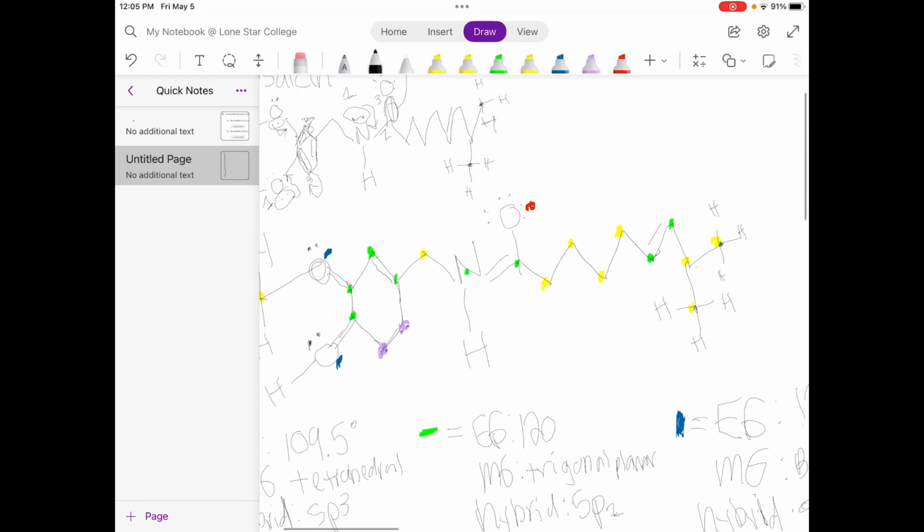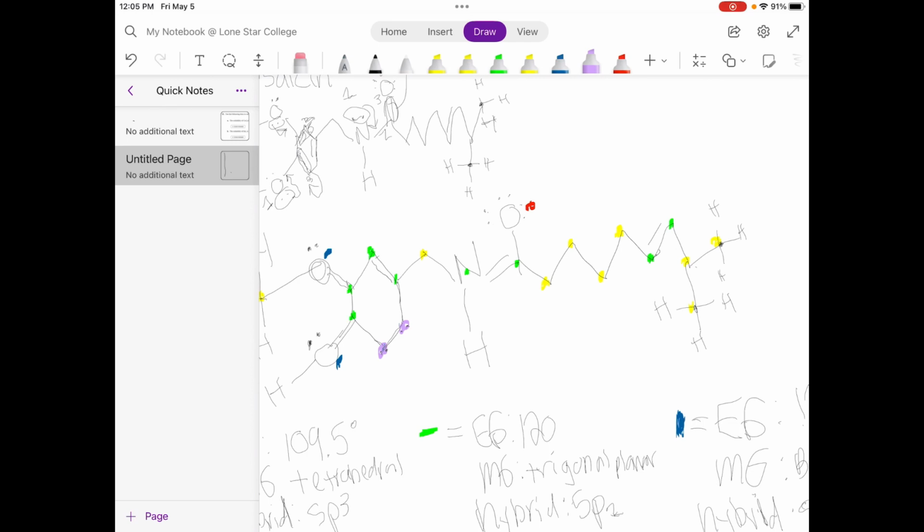Okay, and we have a purple. The purple was 3 shared atoms. So that's... no, sorry. The purple was a lone pair. Okay.